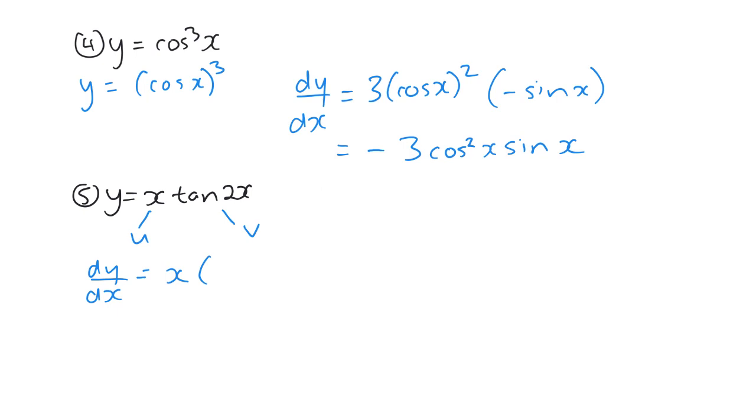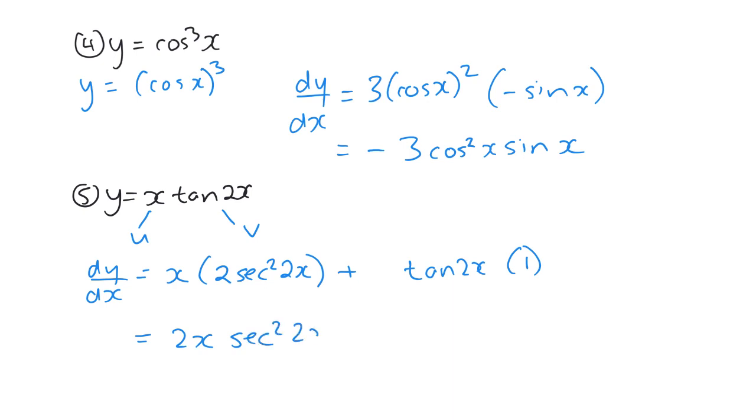So the differential of tan 2x is sec squared 2x. Then differentiate the 2x bit, and we get 2, plus tan 2x, and then we differentiate x, and we get 1. And then just tidying that up, we would write it as 2x sec squared 2x plus tan 2x.